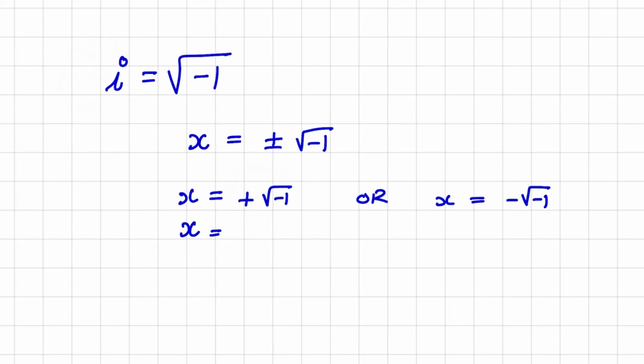So x is equal to positive i, or x can be equal to negative i. And this is a valid solution for x, even though it cannot be plotted on a number line. And that is the imaginary number. And we use this as an application in mathematics and in physics.